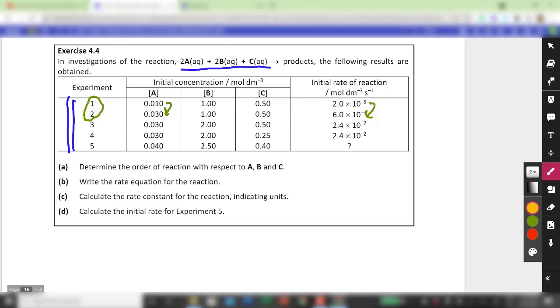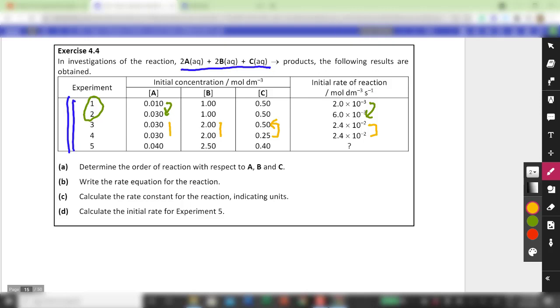Okay, for 3 and 4, right? You notice that the initial concentration of A is kind of constant. Initial concentration of B is kind of constant, but initial concentration of C actually doubles from 0.25 to 0.50. You notice that the initial rate remains the same.